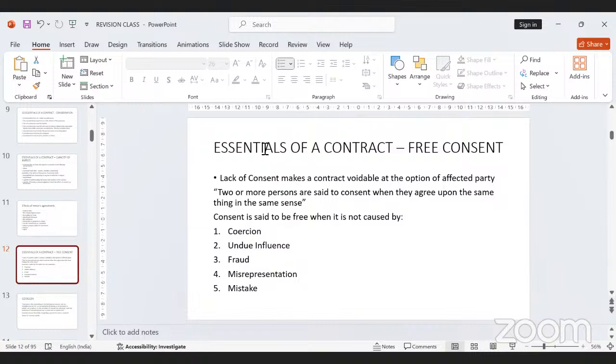And because of that fear, if X says yes, then that means there is no free consent. Whenever we make people accept an offer out of fear, because of some threats, then it is said there is no free consent, and that consent is said to be caused by coercion.